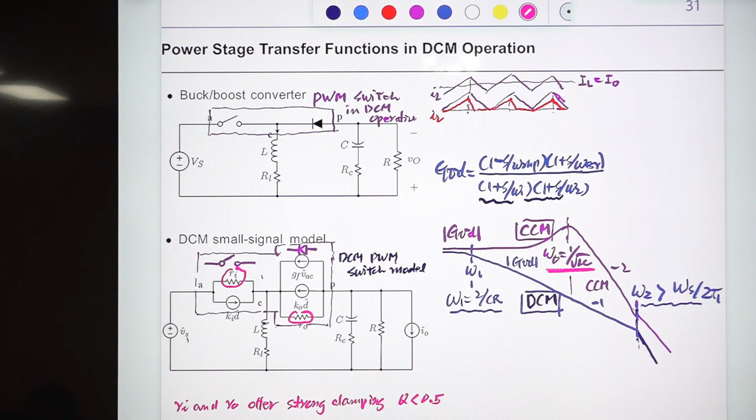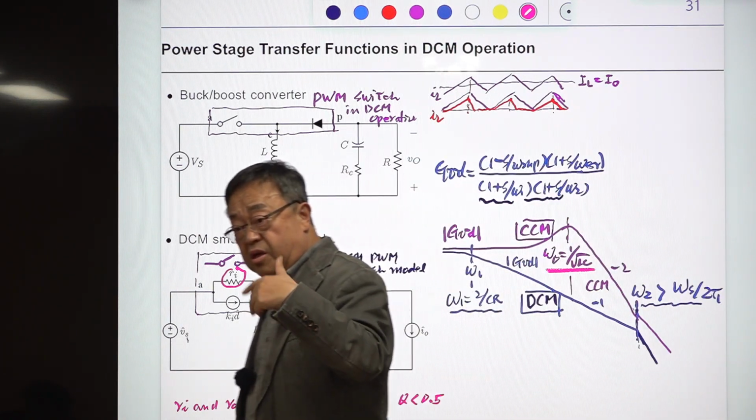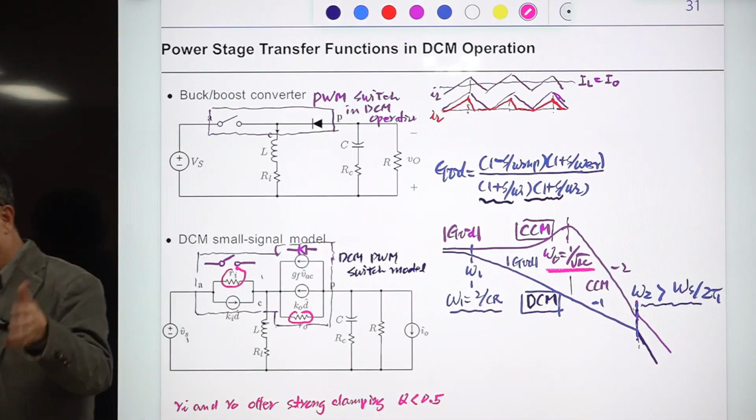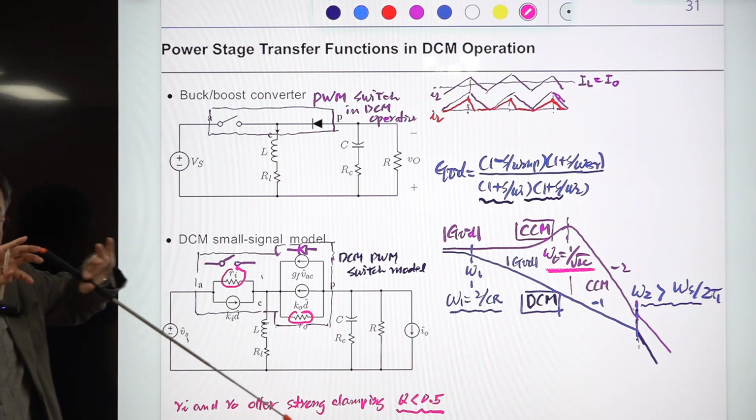You know the Q is quality factor and is related to the damping ratio. If Q is infinity, there is no damping. If Q is 0.5, that's the critical case. If Q is smaller than 0.5, this double pole will separate into 2 real poles.